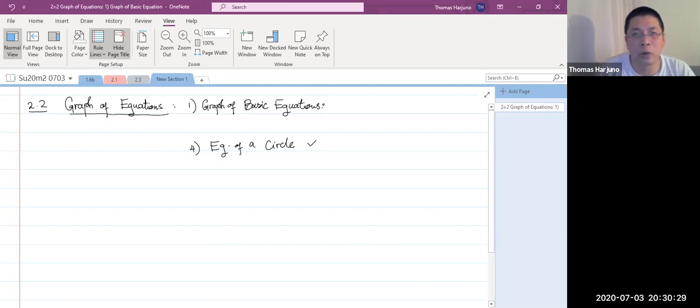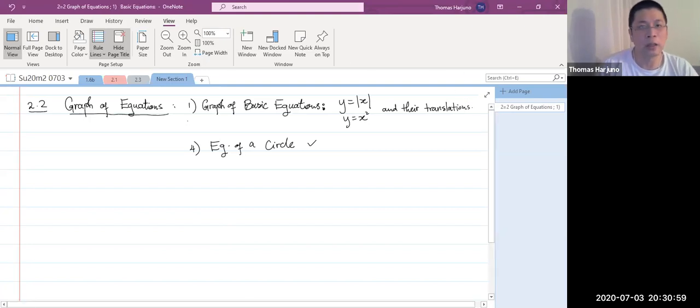What are the basic equations I need you to be able to do from here? I need you to be able to do the equation of y equals to absolute of x and y equals to x squared and their transformation, I should say, translation. Basically, what if we move them to the left, to the right, up, down?